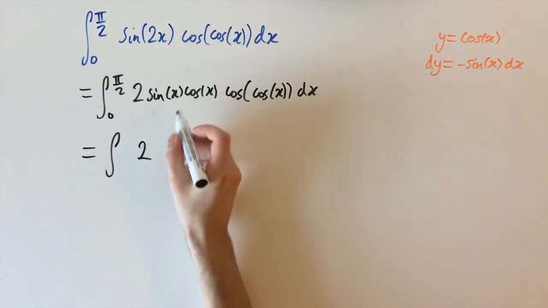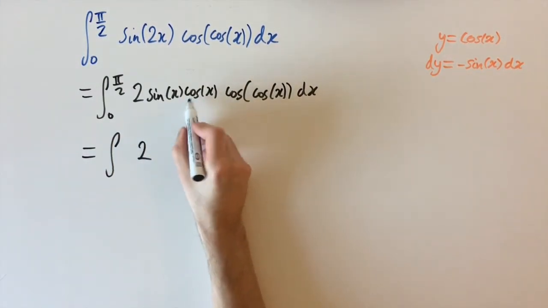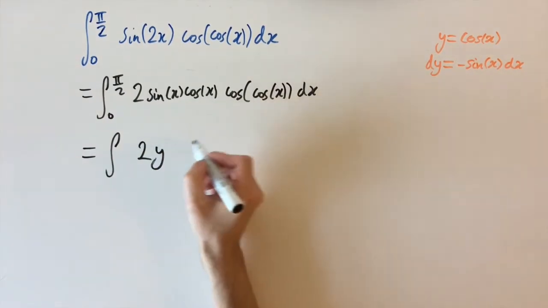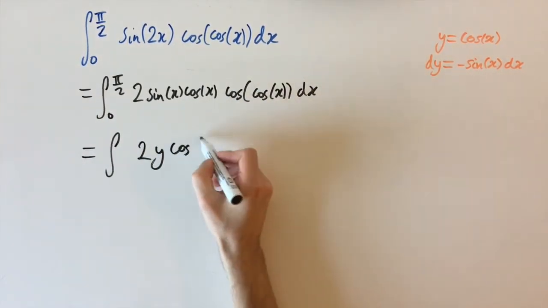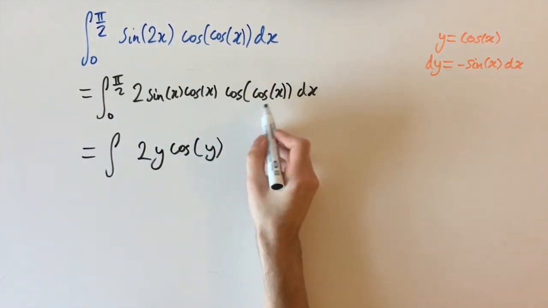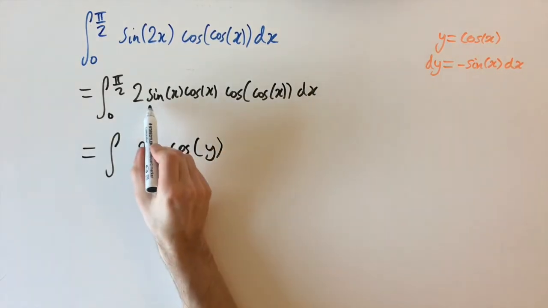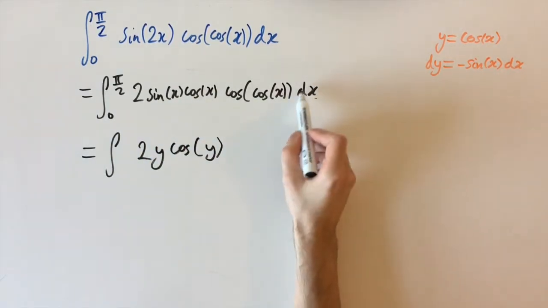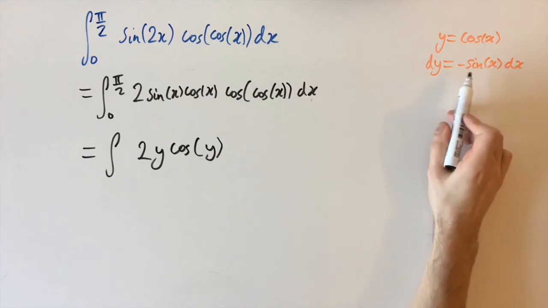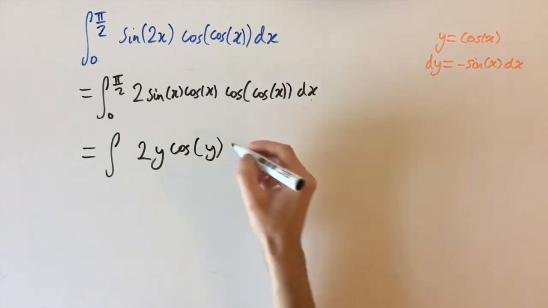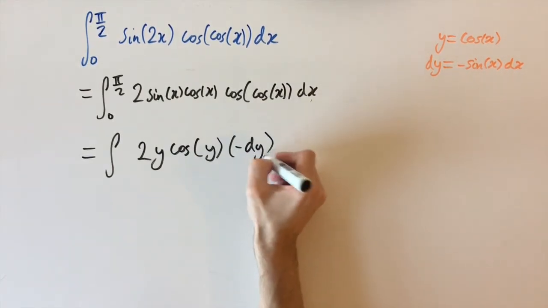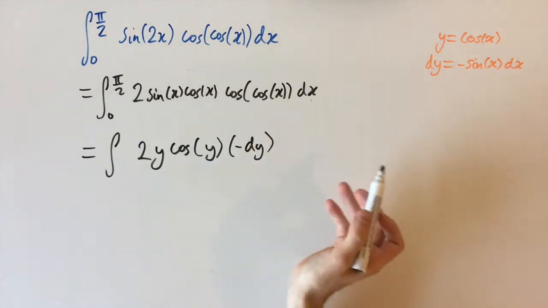So this is 2 times, I'll replace cosine of x by y, and then we have cos of y, because cosine of x is just y. And then our sine of x grouped with our dx, that is the same as minus dy, just using this equation. So we have a minus dy term here. And this is multiplied, obviously.